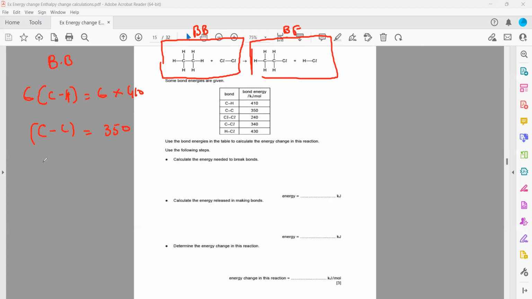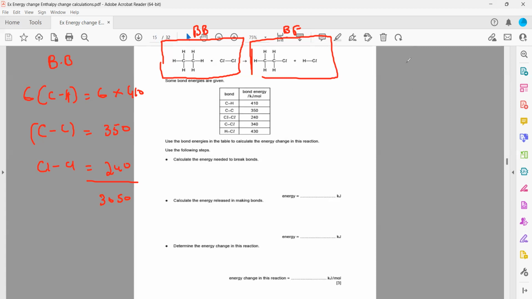Then there is the chlorine bond, 240. So this whole is the bond breaking side. So the total when we add 6 into 410, it is 3050. So that's right, 3050, that's the bond breaking.